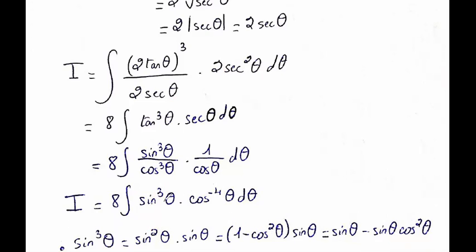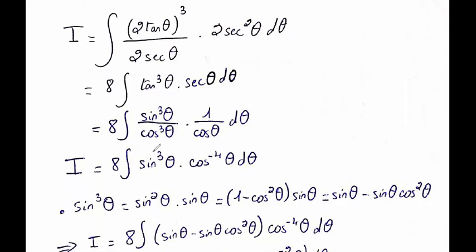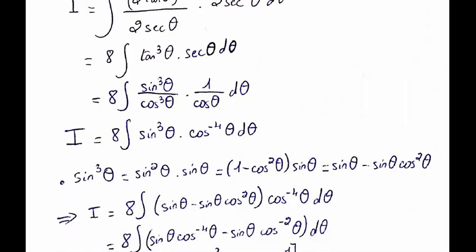I have many videos explaining how we integrate products of powers of sine and cosine depending on their power, if they were even or odd. You can watch them if you like. So now we replace sine cubed by sine theta minus sine theta cosine squared, times cosine to the power minus 4. We expand, and we now get the integral of sine theta cosine to the power minus 4 minus sine theta cosine to the power minus 2 theta d theta.